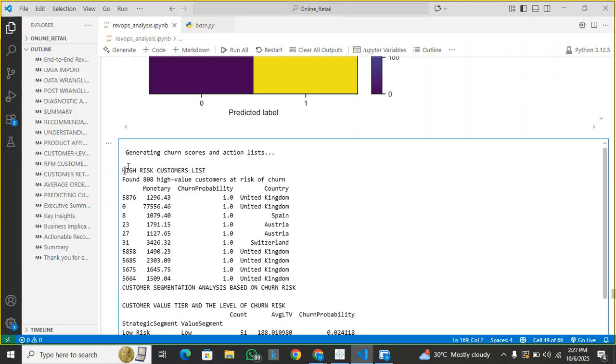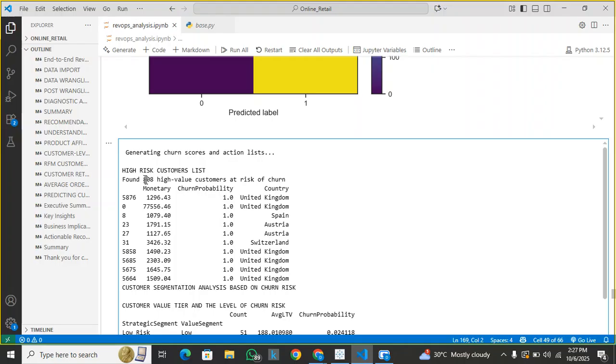But first, I looked for the high risk customers, that is, the customers who spend above £1,000 and have a high churn probability. These customers fall under the high risk customer list.